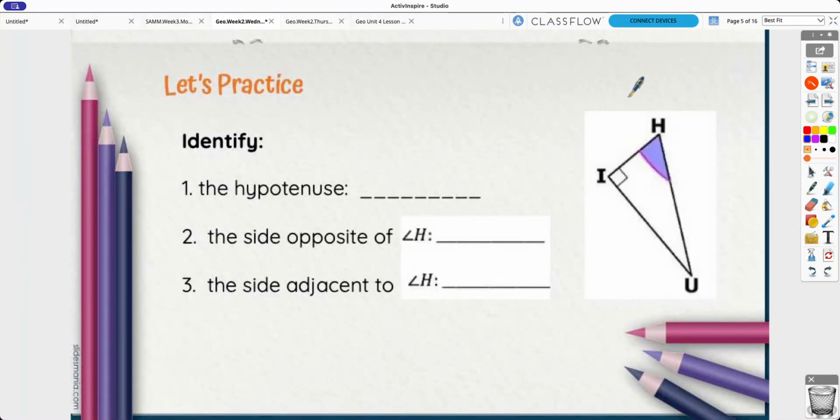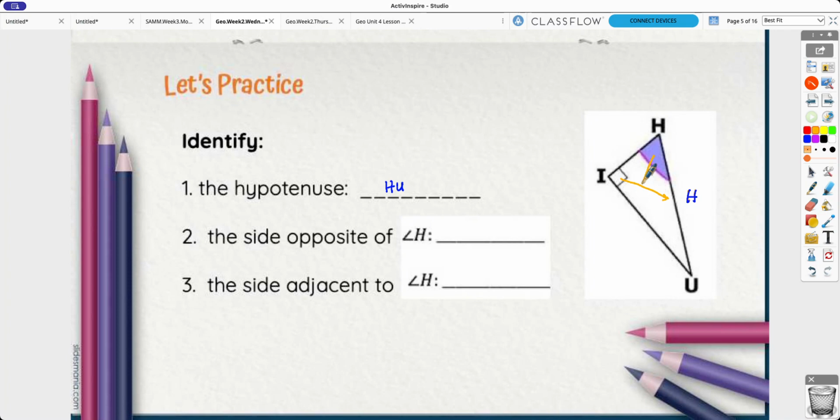Okay, so let's take a look at triangle IHU right here. Right angle is on I. So across from I is our hypotenuse. Hypotenuse here is HU. The shaded angle is angle H. That's the angle in question.